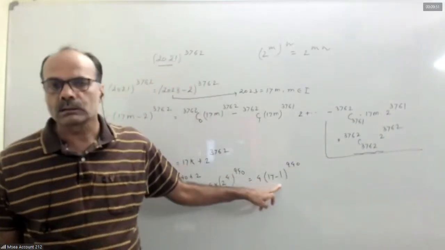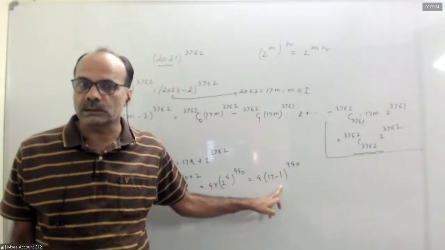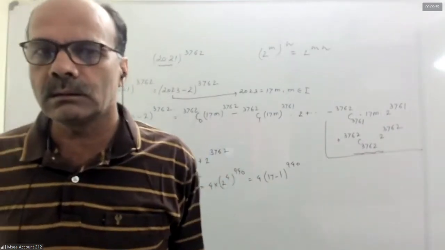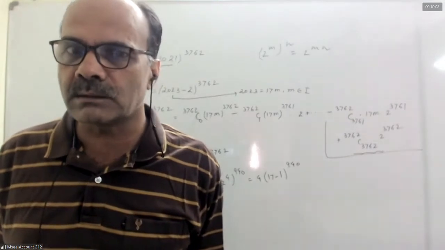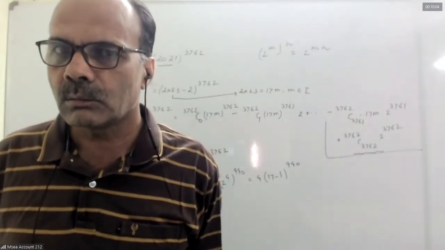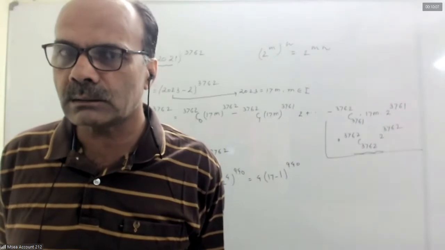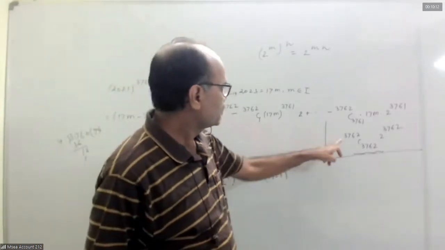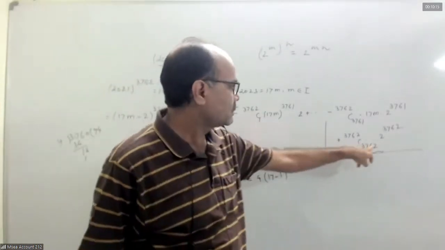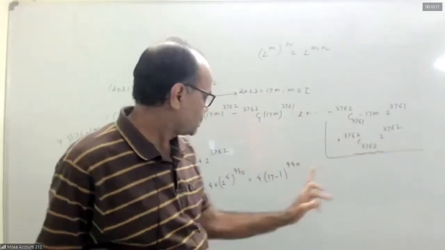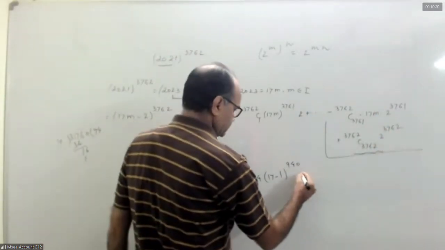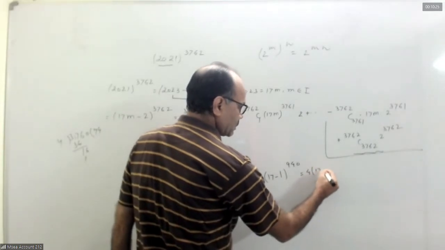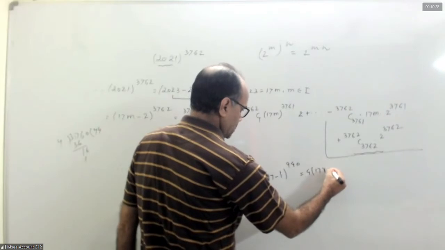Again, if you expand it, except the last term, all the terms will be divisible by 17. Except the last term will be what? 1, because the power is even. Like here, the power is even. So I can write it as some 4 times 17r plus 1.